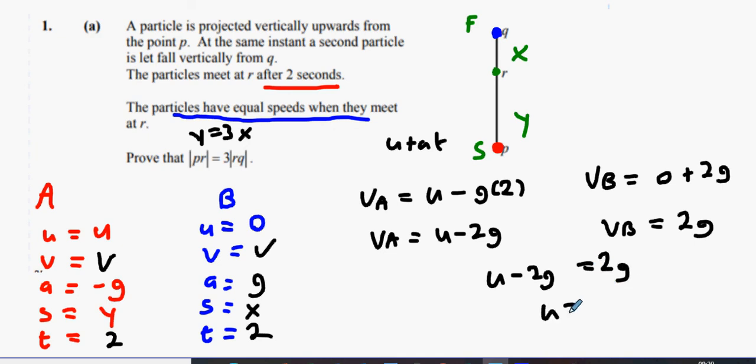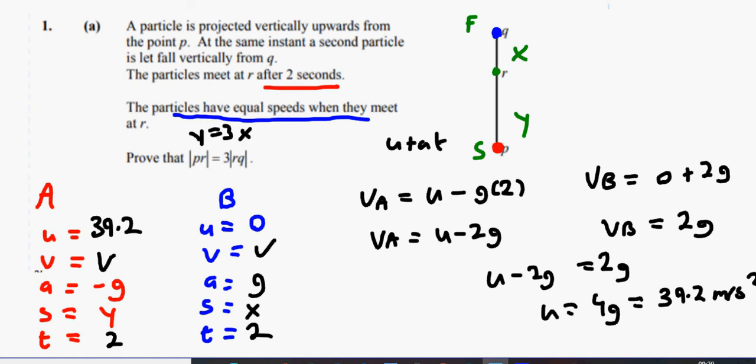U therefore equals 4g, or in decimals, was it in decimals? 39.2 meters per second squared. Right, great. So I can fill out my U value now. U is 4g, or 39.2 if you want to go that way.